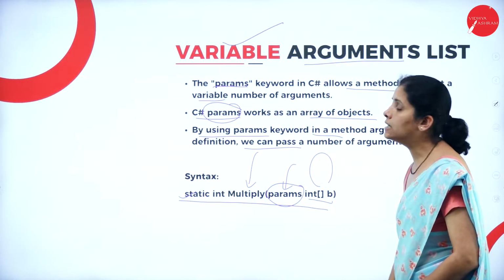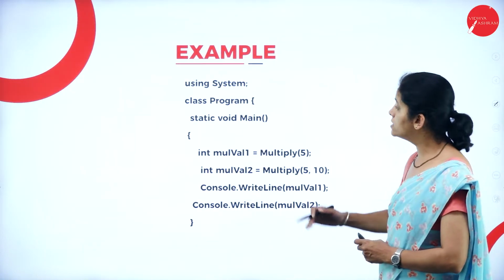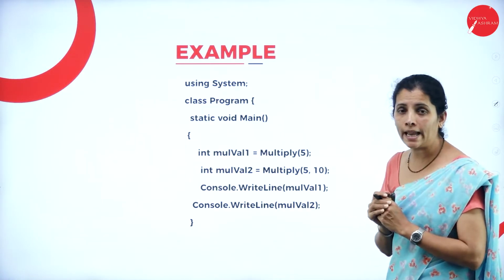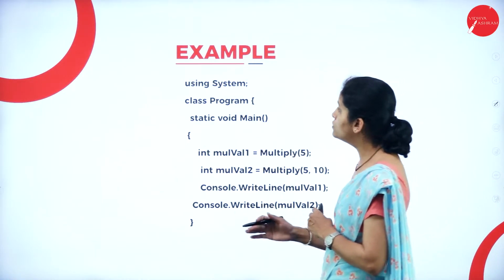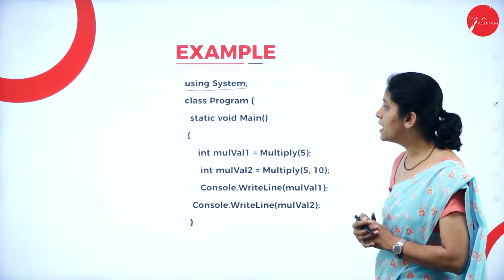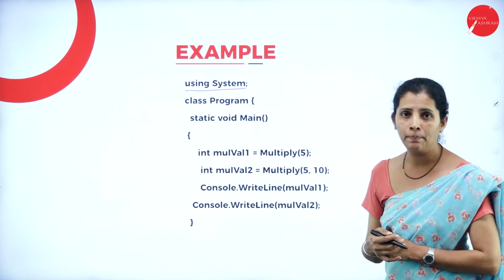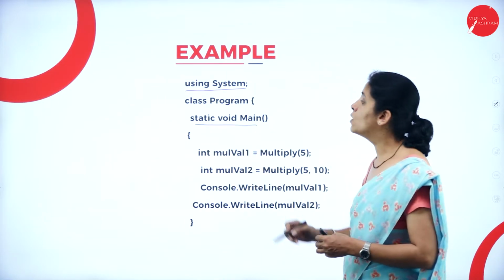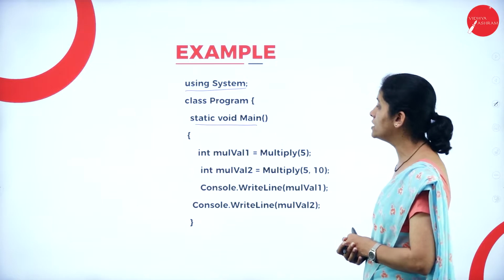Now, dear student, let me consider some examples. So dear student, this is the example program to indicate a variable argument list. As usual, I am going to write my first statement, that is using System. After that, I am going to create the class called Program. Inside the class, I am going to write the main function.